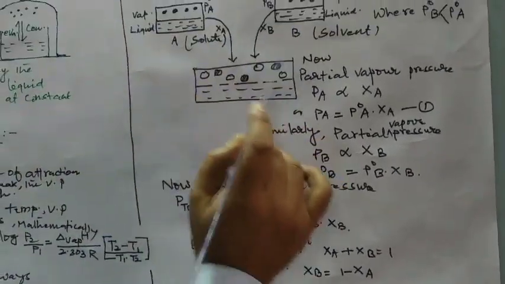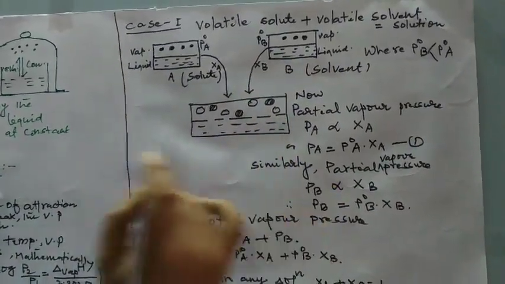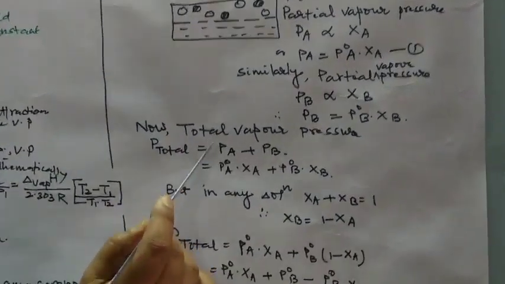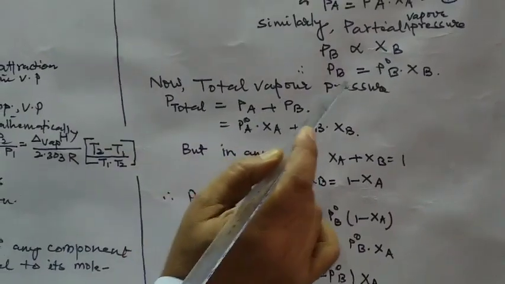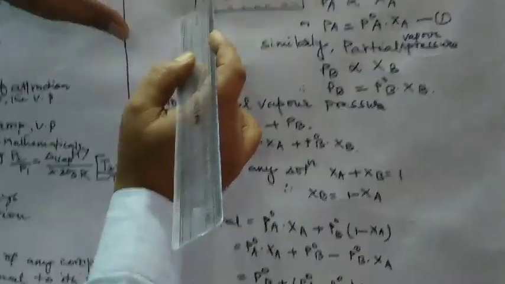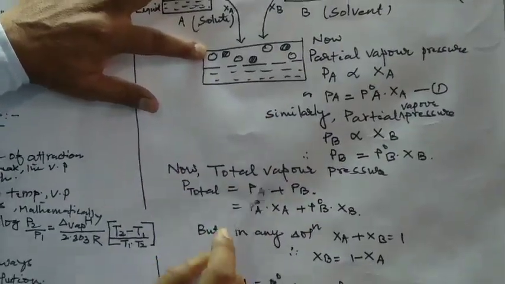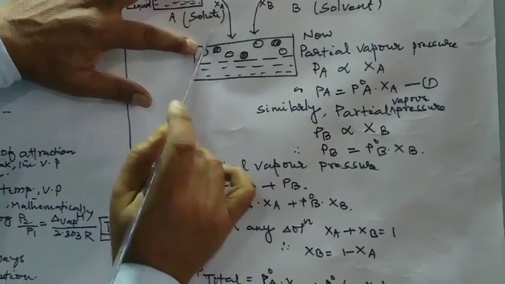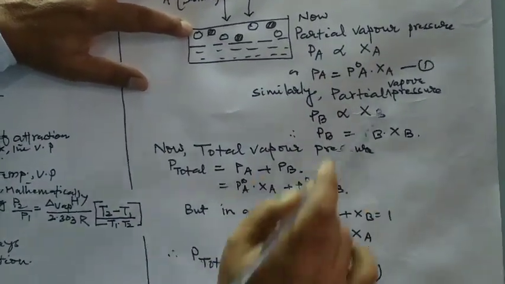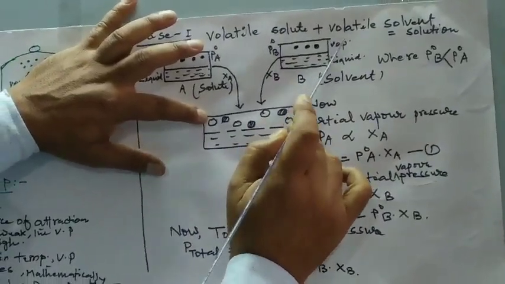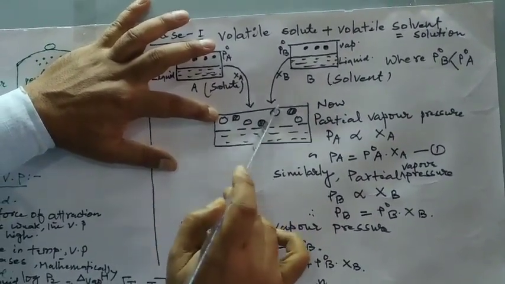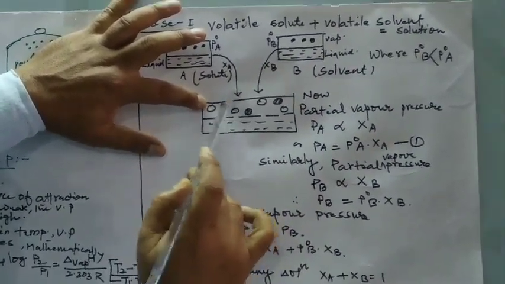As both the vapors are enclosed in the same container, what will be the total vapor pressure? The total vapor pressure will be equal to PA plus PB, isn't it? Total vapor pressure is the vapor pressure of component A, represented by these hollow spheres, and the vapor pressure of the solvent component B, represented by lines in the oval.